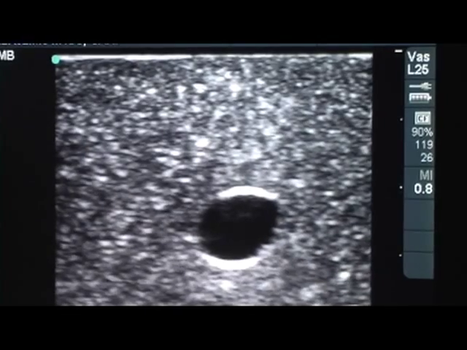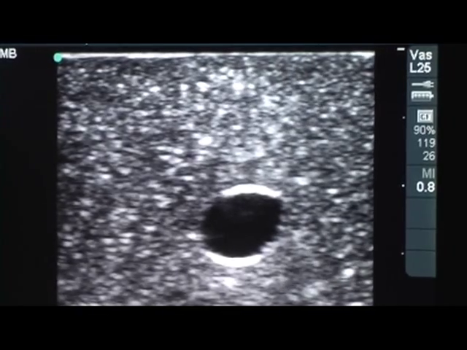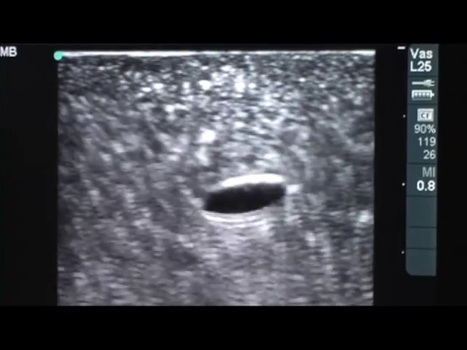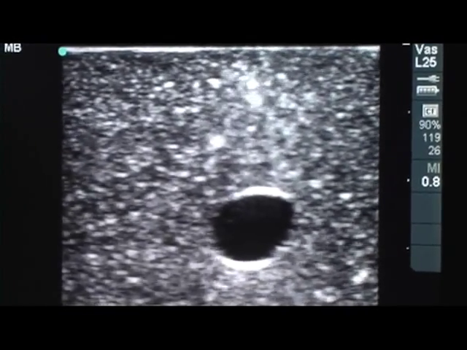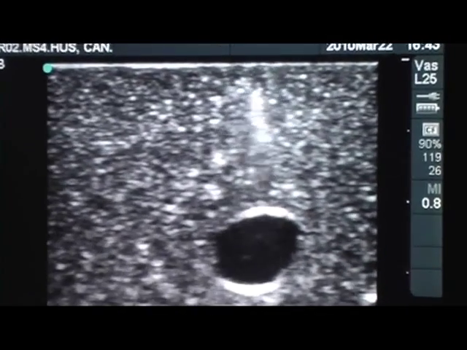Frequently, many of us have experienced this as we have witnessed central lines being placed where the probe is correctly positioned, compressibility identified. The needle tip is initially noticed in the near field, but then lost as the probe is not moved.